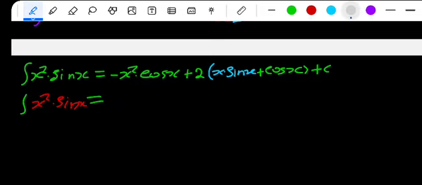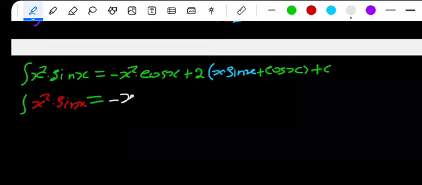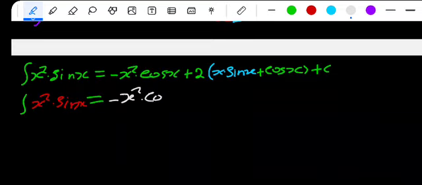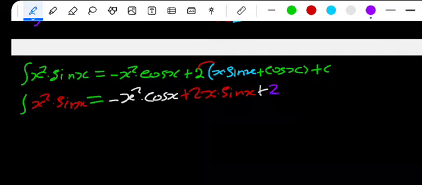So there we have negative x squared multiplied by cos x plus 2, distribute the 2, x multiplied by sine x, plus distribute the 2, plus 2 cos x plus constant c.